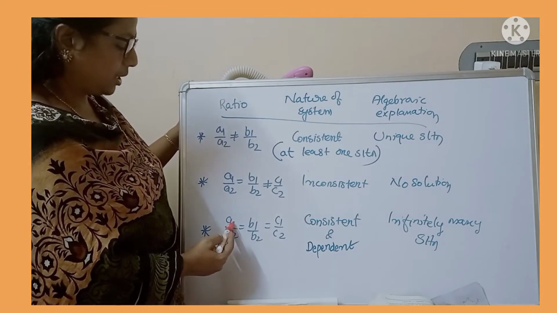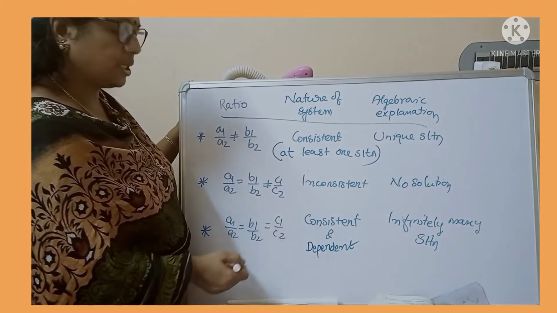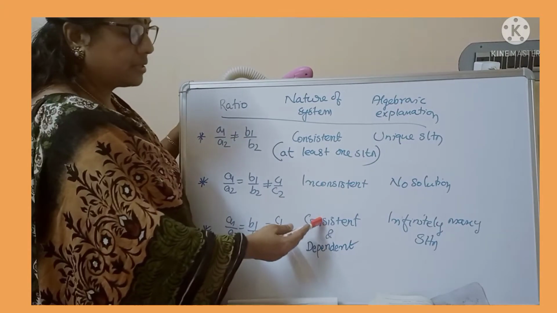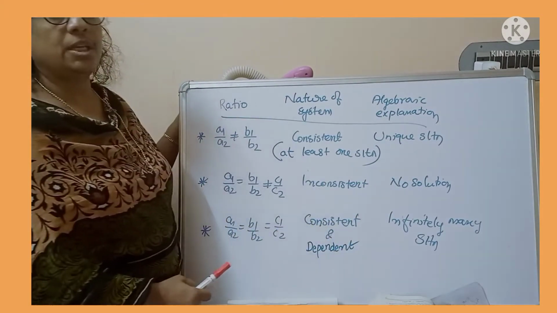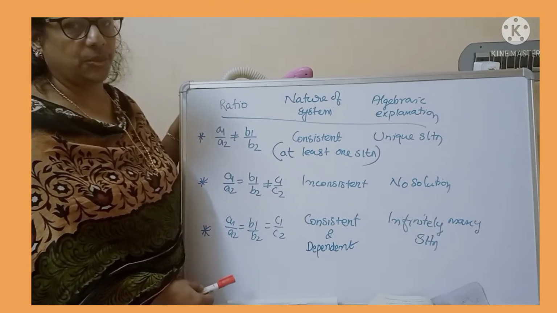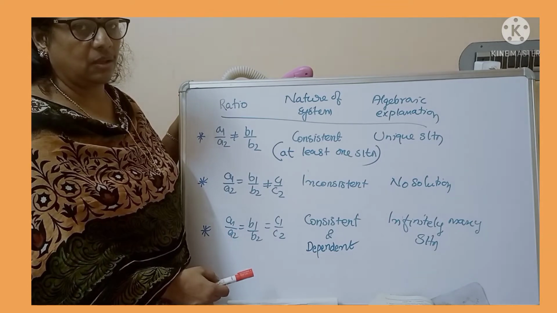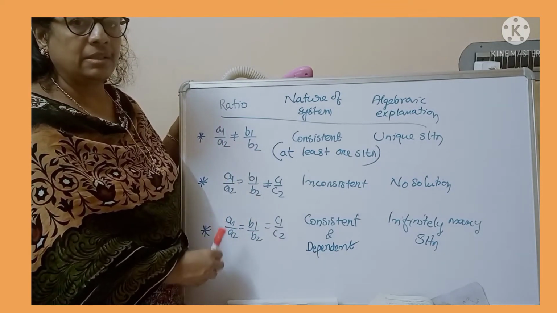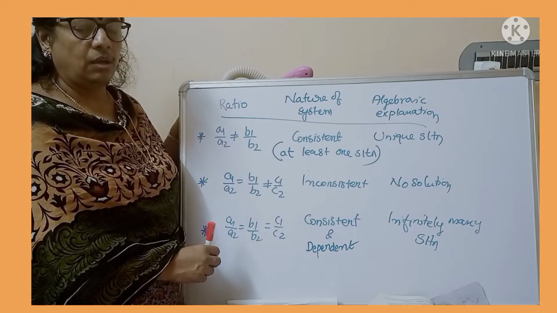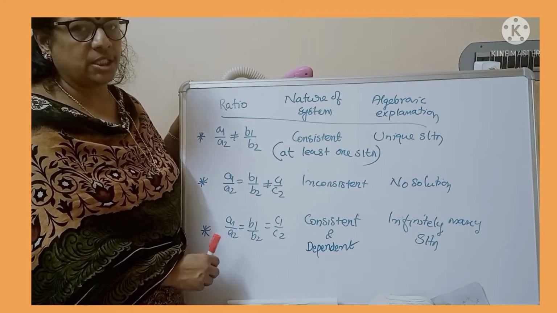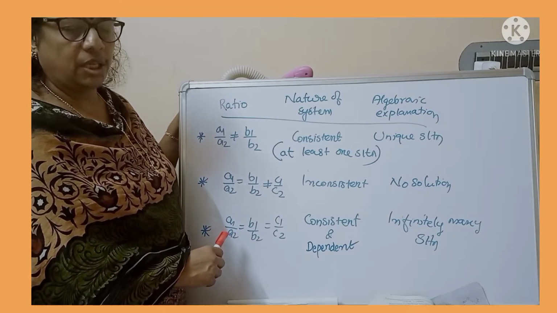Then third one, a1 by a2 equal to b1 by b2 equal to c1 by c2, then they are consistent and dependent. That means infinitely many solutions for these equations. Consistent and dependent. So these are the main idea, and we want to solve these equations and find out which type of solutions will be each of the equations.